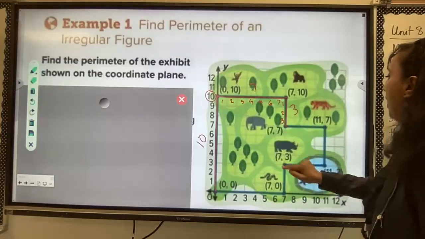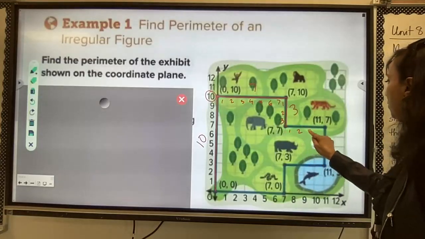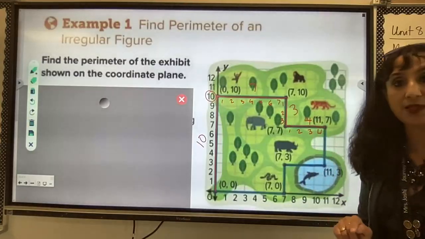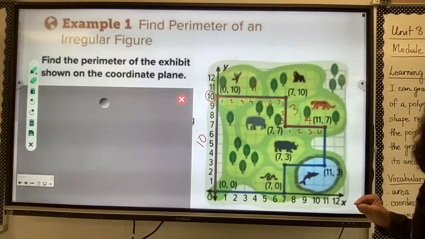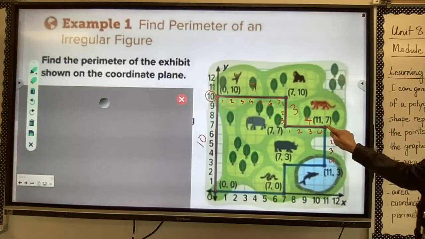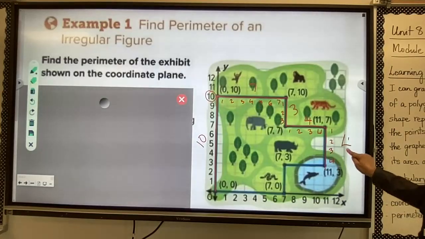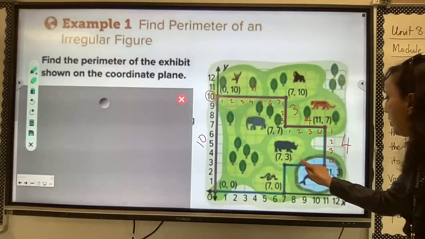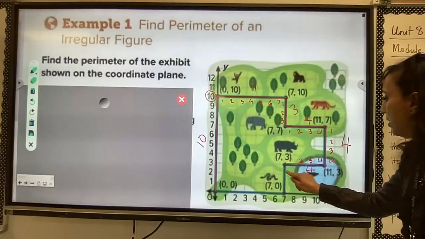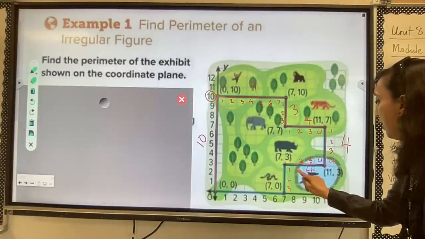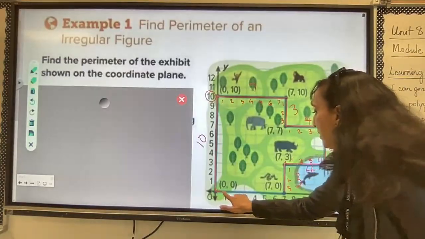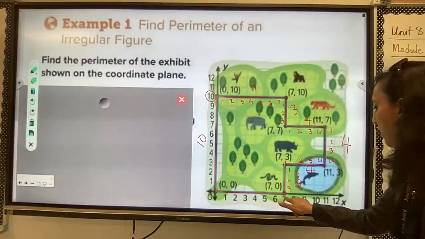Then here I have 1, 2, 3, 4, and that is 4 units. Over here I have once again 1, 2, 3, 4. So this much is 4. And here 1, 2, 3, 4. So this is 4. This much is 1, 2, 3, so this whole thing is 3.